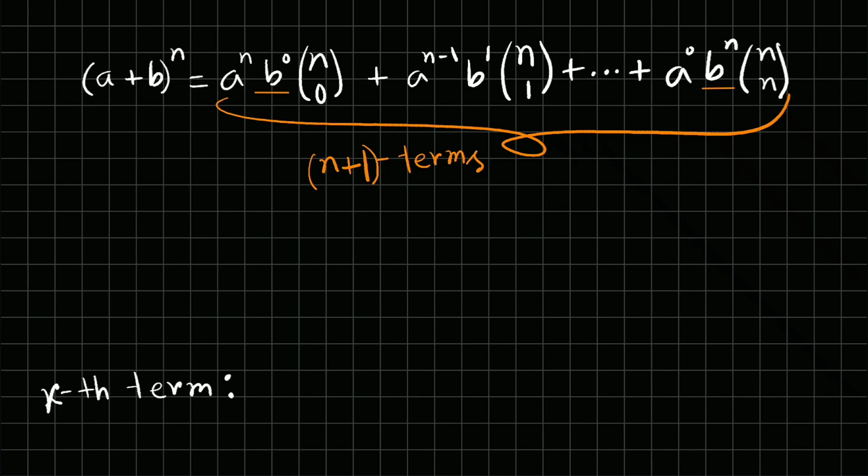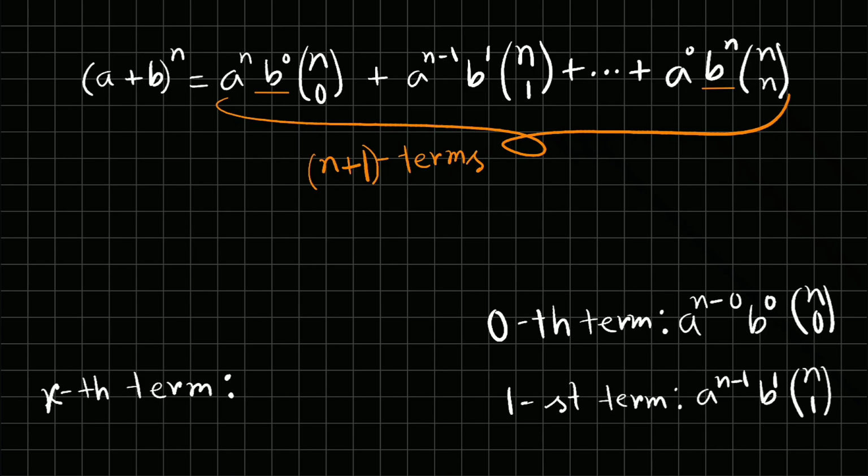To figure it out, first let's see what the 0th term is. Well, the 0th term is a^(n-0) times b^0 times n choose 0. Similarly, the first term is a^(n-1) times b^1 times n choose 1. So in general, the kth term is a^(n-k) times b^k times n choose k.